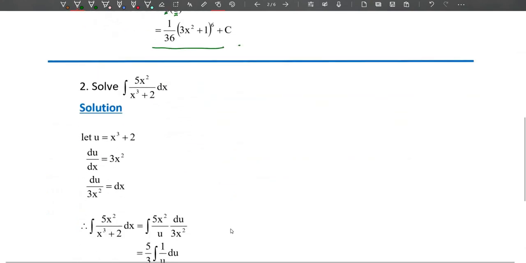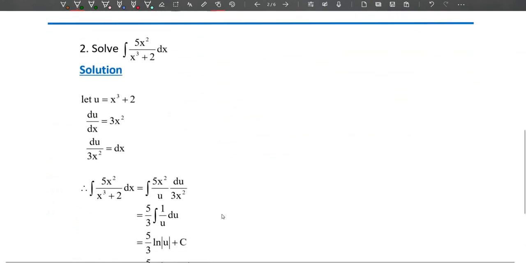The next one is this question: integrate 5x² over (x³ + 2) with respect to x. We can't separate them into each term.